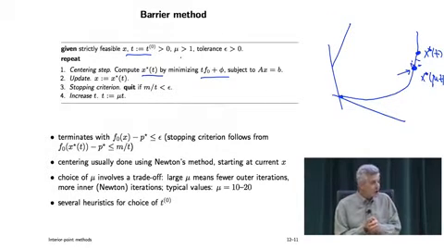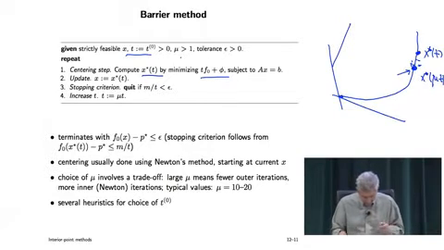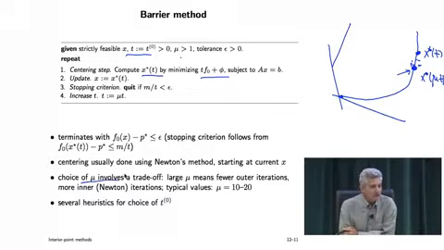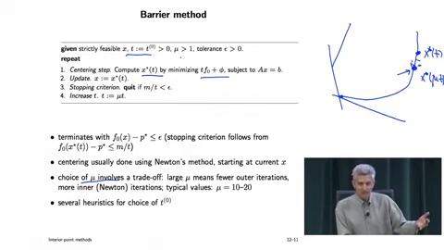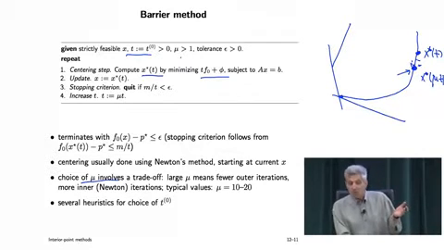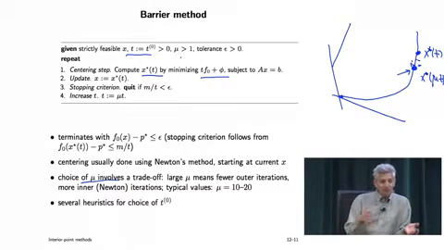The long step ones are where you're much more aggressive in updating the parameter. And the choice of that mu, which is how much you update the parameter value, is how aggressively you update. There's a trade-off. If you make mu tiny, then every time you're solving the new problem, it's basically the same as the problem you just solved. You're within the range of quadratic convergence. You do one step. And in fact, there are methods based on that.